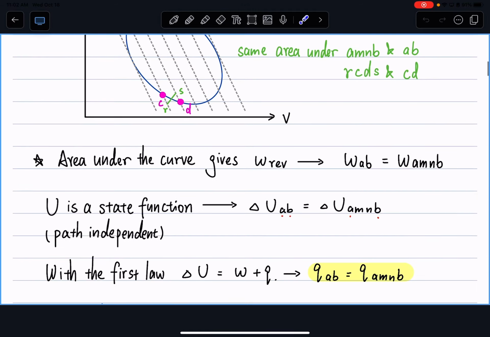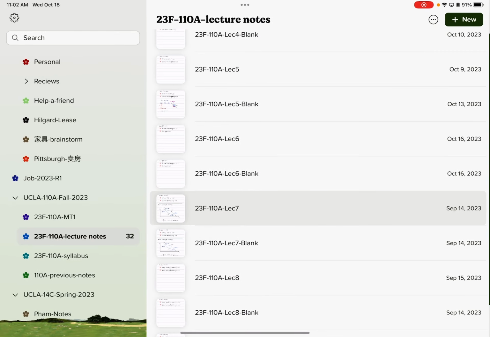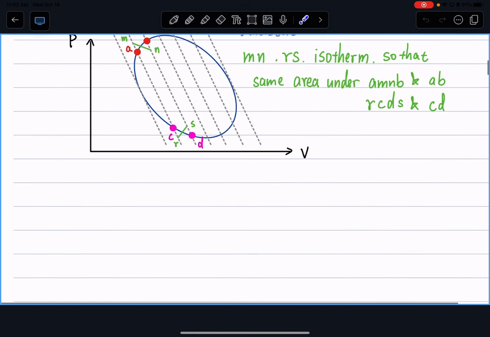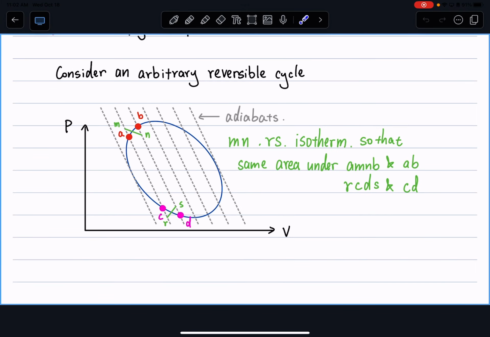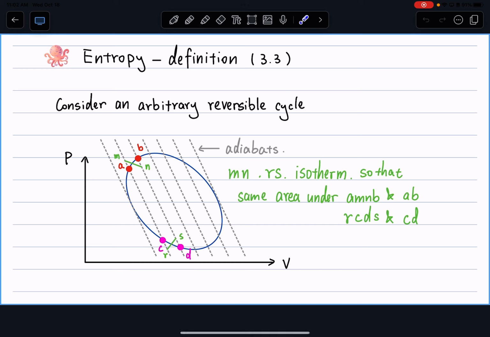Now imagine on this reversible cycle, you pick 4 points on that blue solid line. These gray lines are called adiabats.